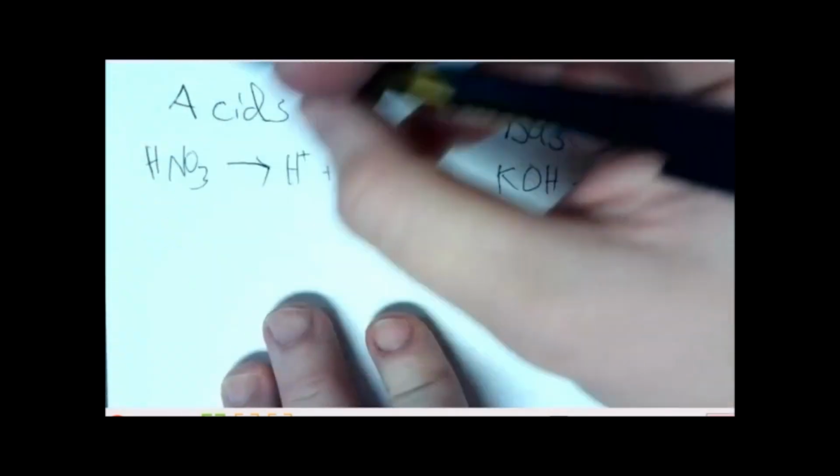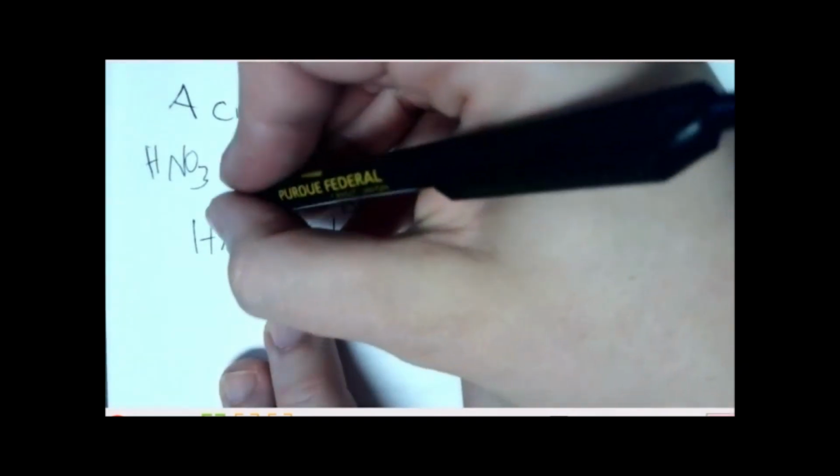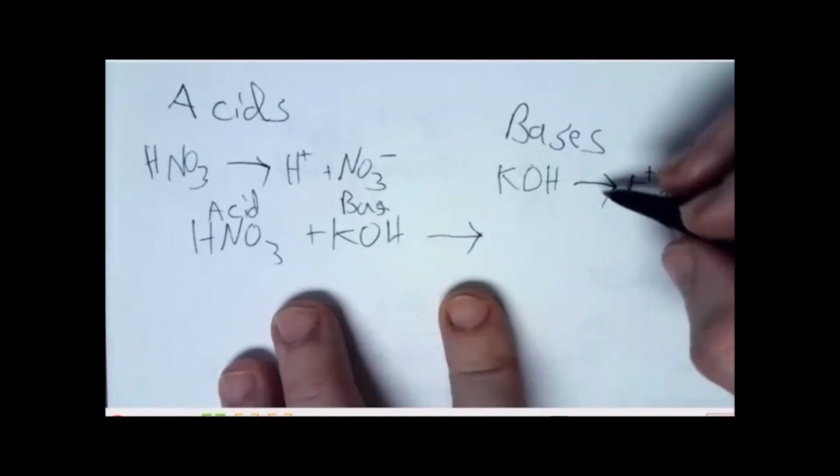Now, let's look at the Bronsted-Lowry combination. So we also have an acid and a base together. If I mix nitric acid and KOH, remember that was our base, that was our acid. Now, what has happened?